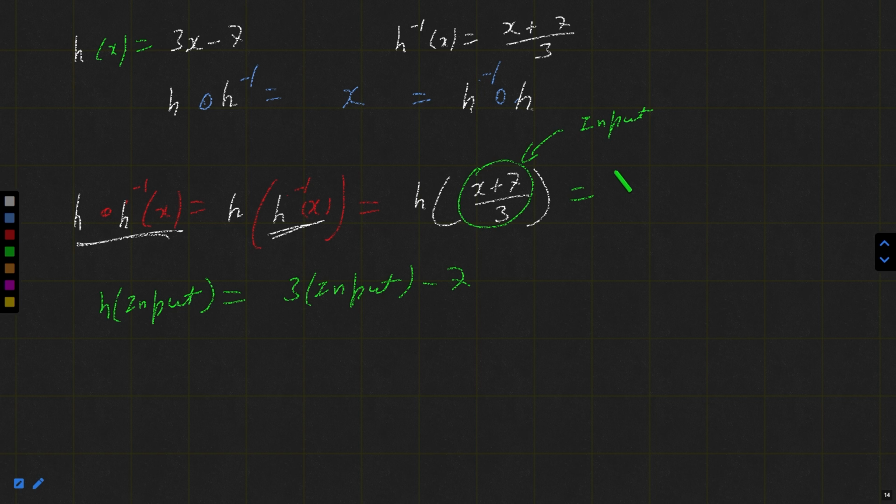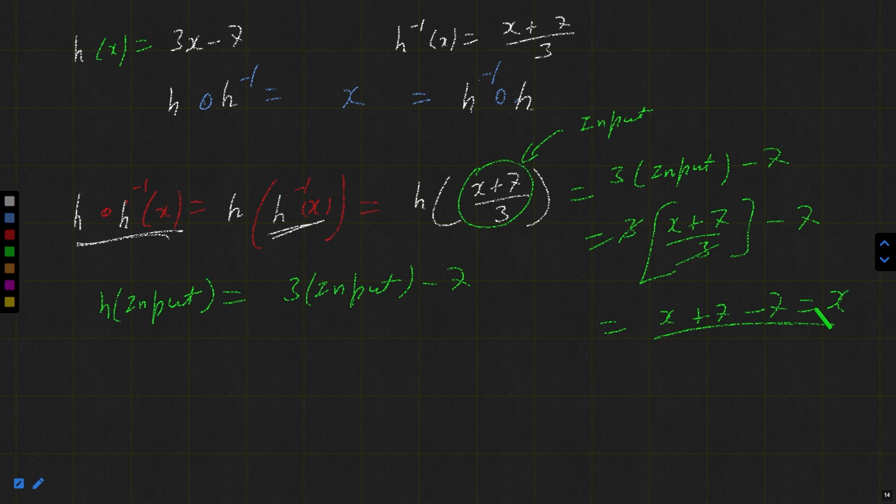So what I will write is 3 times input minus 7. So 3 times input is this, (x plus 7) by 3. What you will get? This will get cancelled. You will get x plus minus 7, and the final answer will be x.